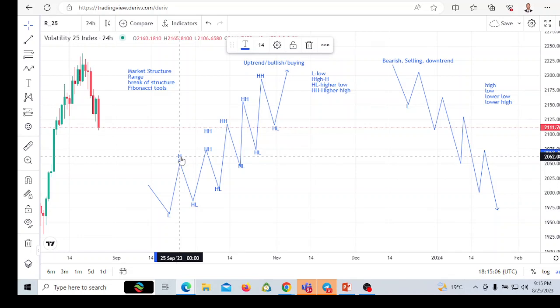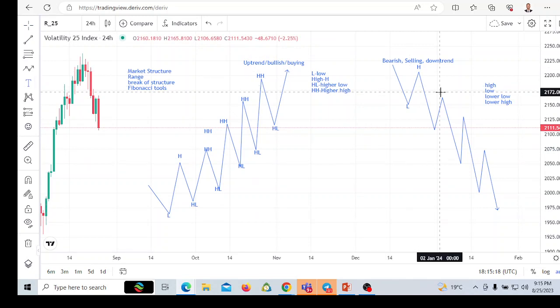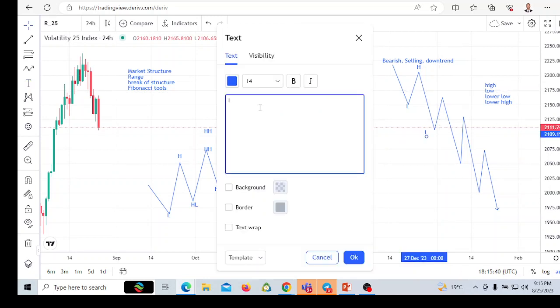Now we begin with high. Let me move this here. So price gives us a lower low, okay?